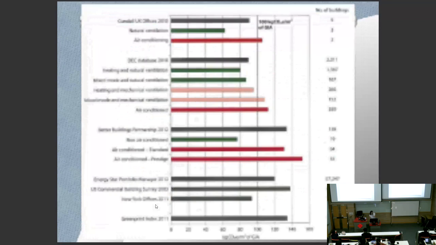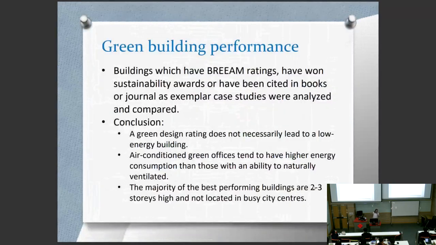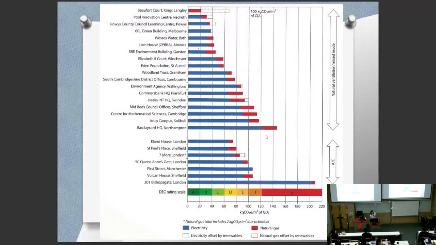So in the example here, we have some buildings with low carbon emissions, and most of them are just low-rise buildings located in the suburbs, not in the city center. These are the green buildings, and some of them have much higher carbon emissions than the benchmark.